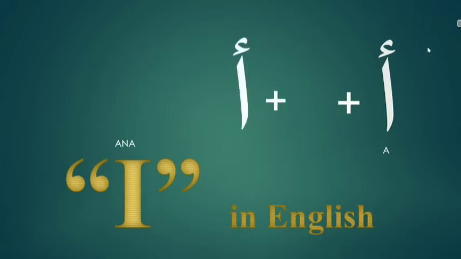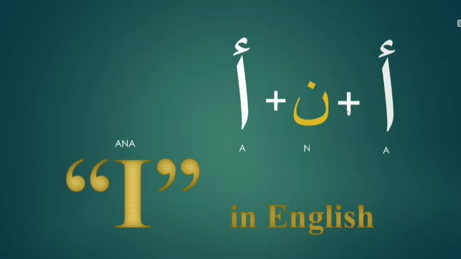So, in this word we have 2 Alif, one at the beginning of the word and the second at the end. And remember that we write from right to left. So, what's the new letter in the middle between the 2 Alif? It is a new letter called Noon, and it's like N in English.